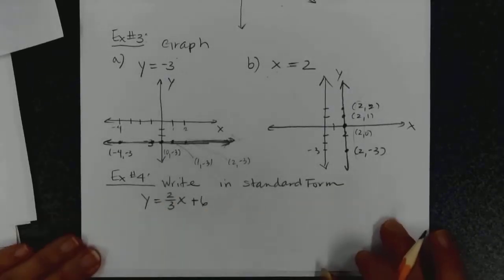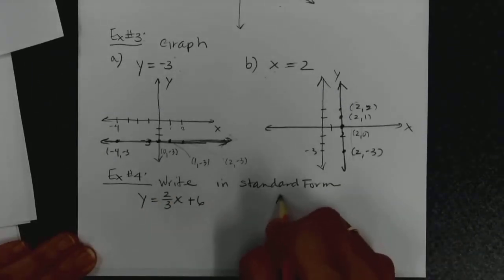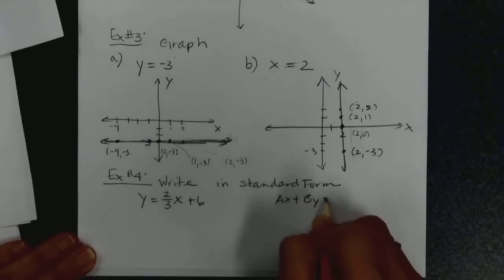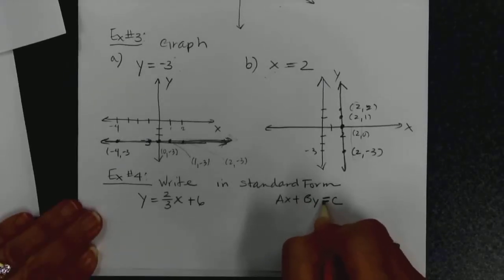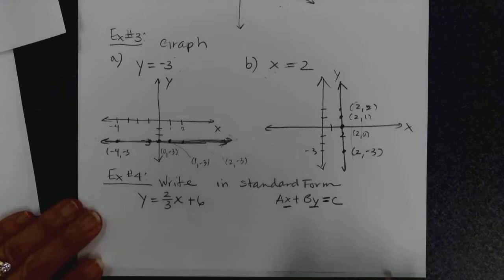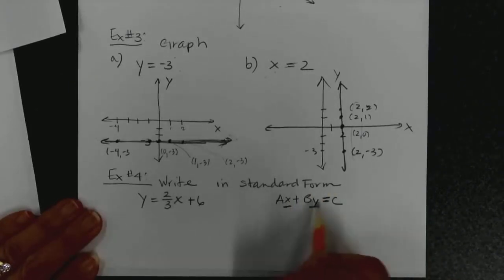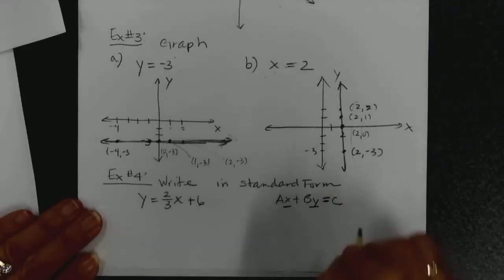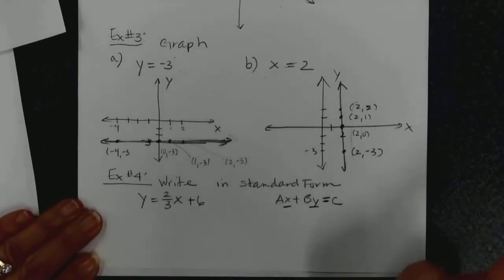So this is slope-intercept. But remember, standard form is ax plus by equals c. That means on the equal sign, x and y are on the same side, and a, b, and c cannot be fractions or decimals unless it's a word problem. That's the only time you're allowed to have fractions or decimals.